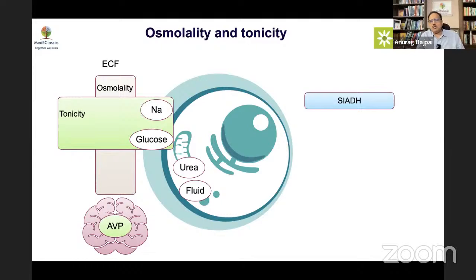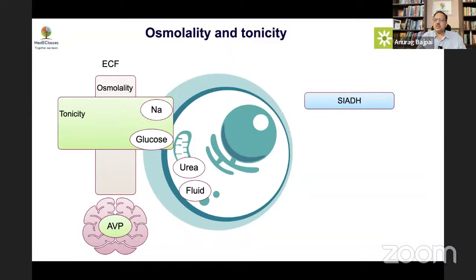Now, AVP is a predominant regulator as far as volume. When I talk about serum sodium, we need to understand that serum sodium is determined by 2 major factors: the total amount of sodium and the volume. The volume is the major determinant of sodium in that regard. If your fluid is less or more, you will have hypernatremia or hyponatremia.